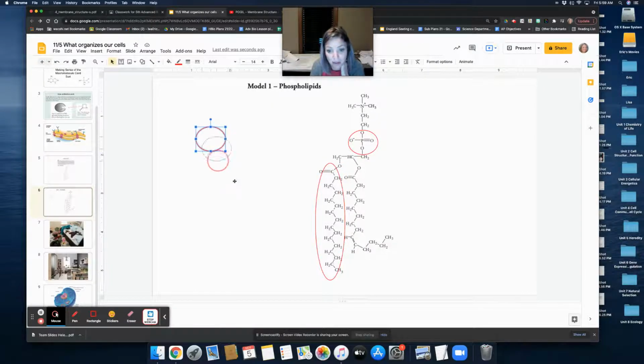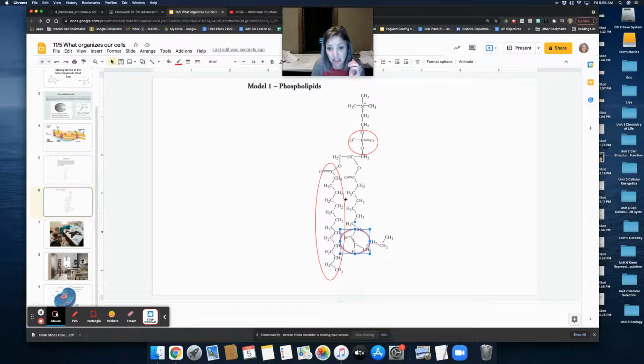And then I'd hope you also see that this part right here is a double bond that makes it bent. That's an unsaturated fat. And that's important because it makes the structure less dense and gives it fluidity. So when stuff's really dense, that's when solids are formed.